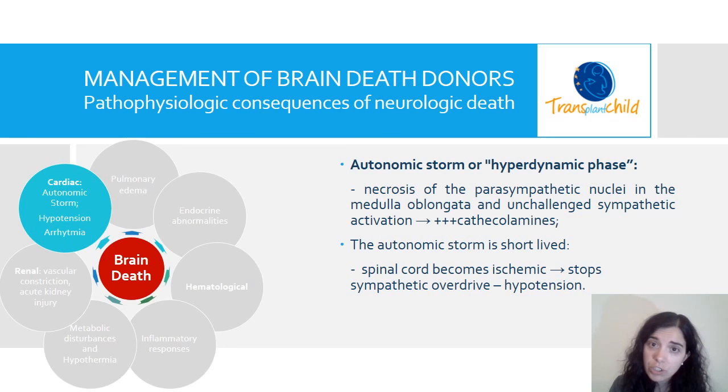Untreated hypotension results in coronary artery hypoperfusion and further myocardial tissue damage. Hemodynamic instability due to myocardial dysfunction and loss of systemic vascular resistance results in hypoperfusion of potential donor organs, and it is the greatest cause for organs becoming unsuitable for transplantation.